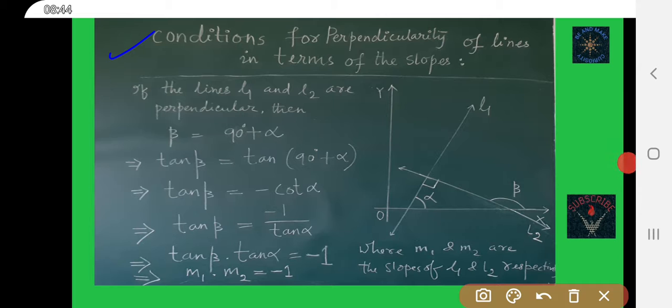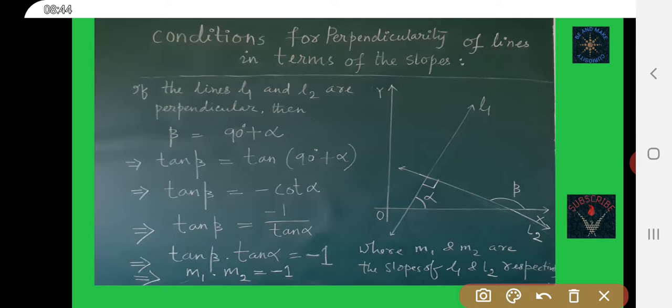Conditions for perpendicularity of lines in terms of the slopes. Here you see L1 is perpendicular to line L2. Okay, so if the lines L1 and L2 are perpendicular, then we have beta is equal to 90 degree plus alpha.